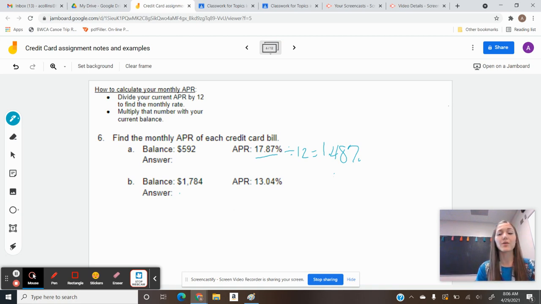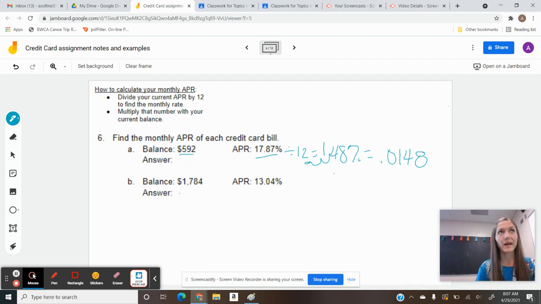All right, in order to figure out my total bill that month, I'm first going to have to convert this percent into a decimal. And when I do that, I get 0.0148. All right, now that I have my decimal, I'm going to multiply my decimal by my balance.